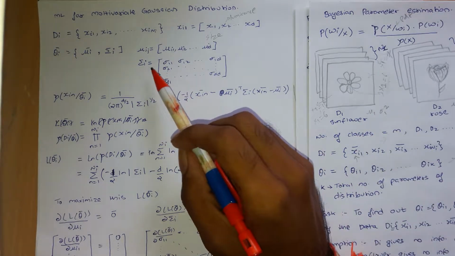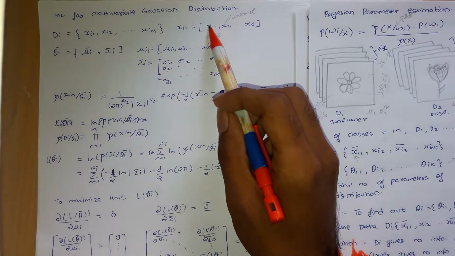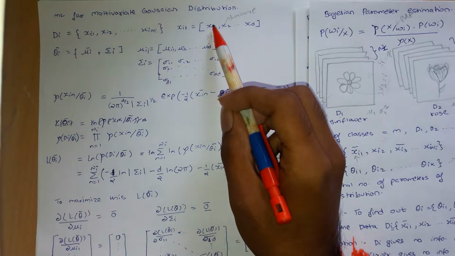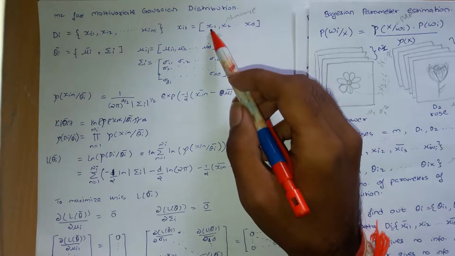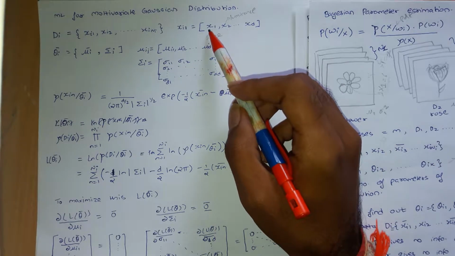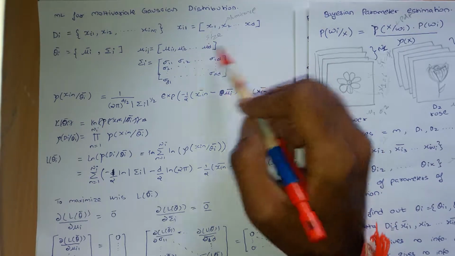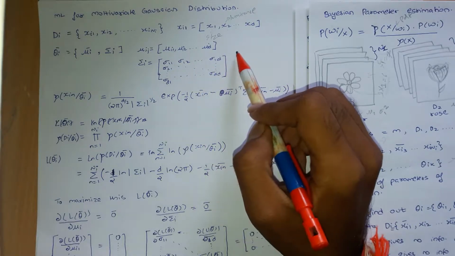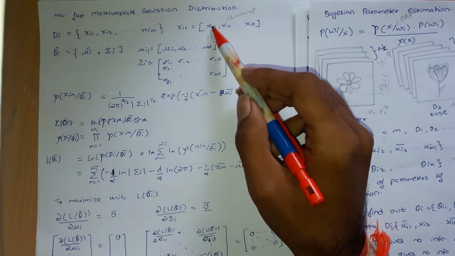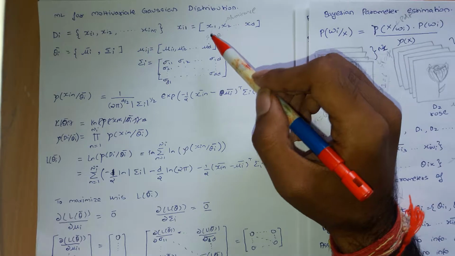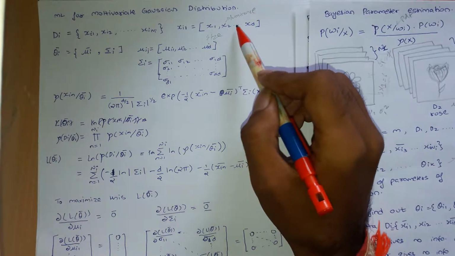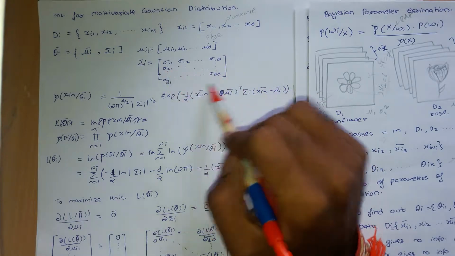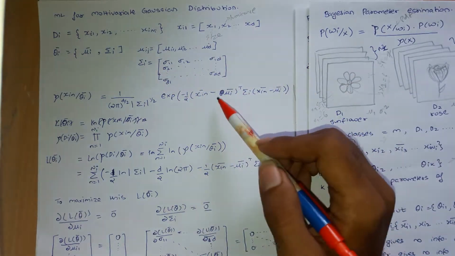It says what is the variance of class 1 feature 1, then the covariance of feature 1 and feature 2, the covariance of feature 1 and feature 3, and those all come in the columns. Similarly the covariance of 2 with respect to 1, 2 with respect to 3, that is the second row. So you'll have a covariance matrix.